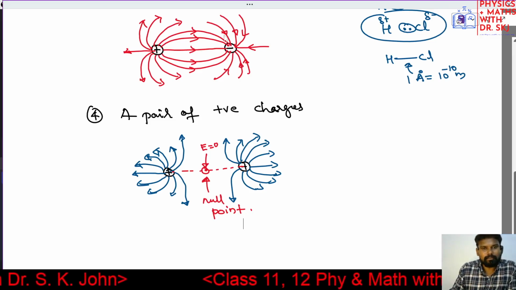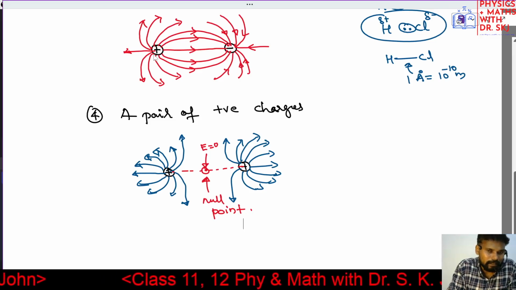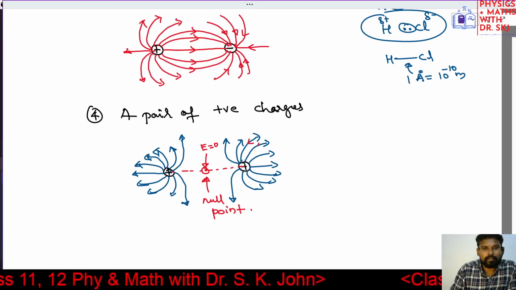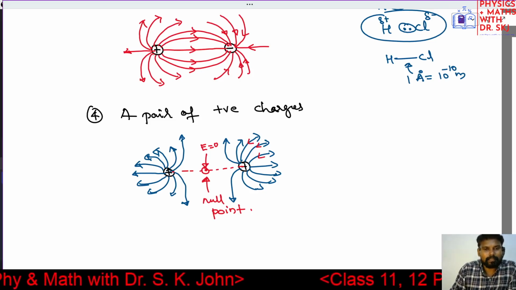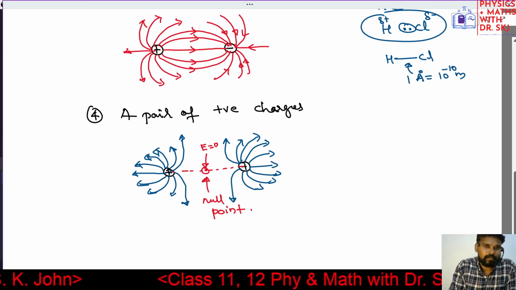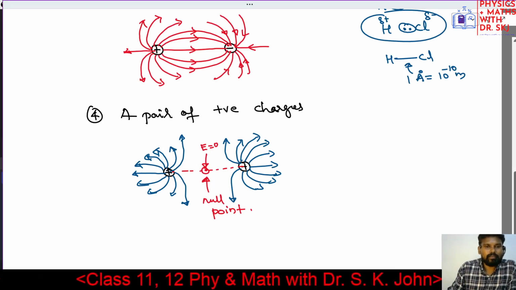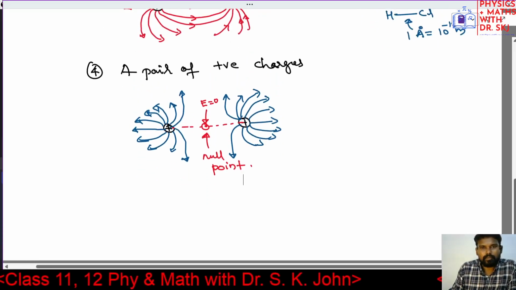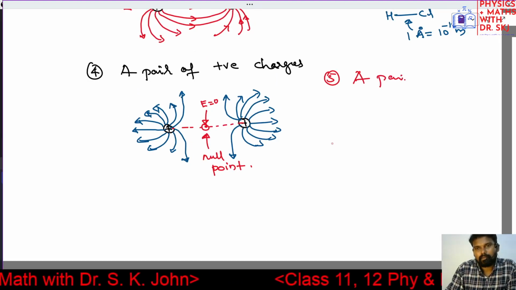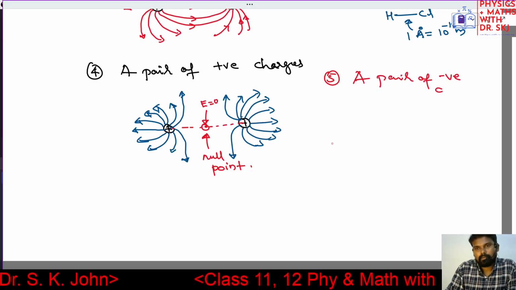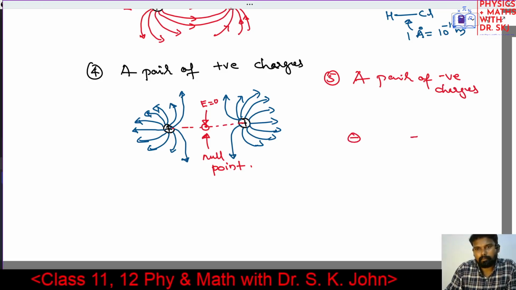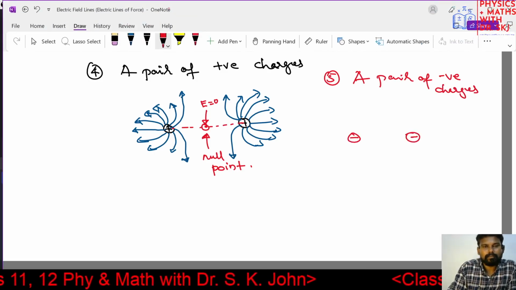If you draw the electric field for a pair of negative charges, the only difference is that you should put the arrows into the charges. That is the only difference. Okay, so you can draw the field due to a pair of negative charges like this. This is a minus charge, this is a minus charge.